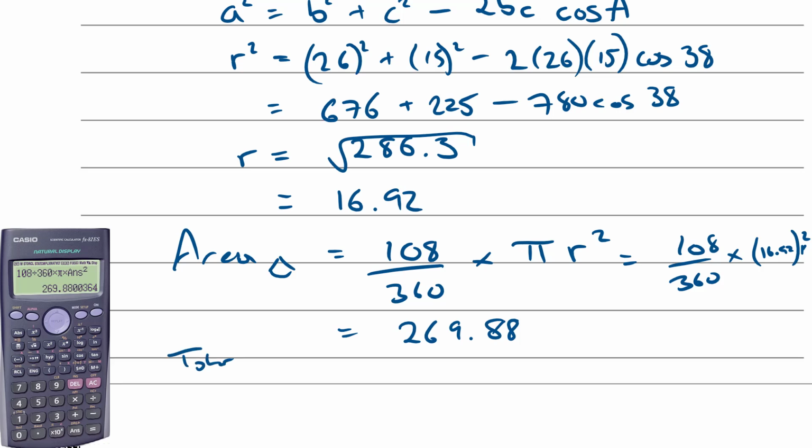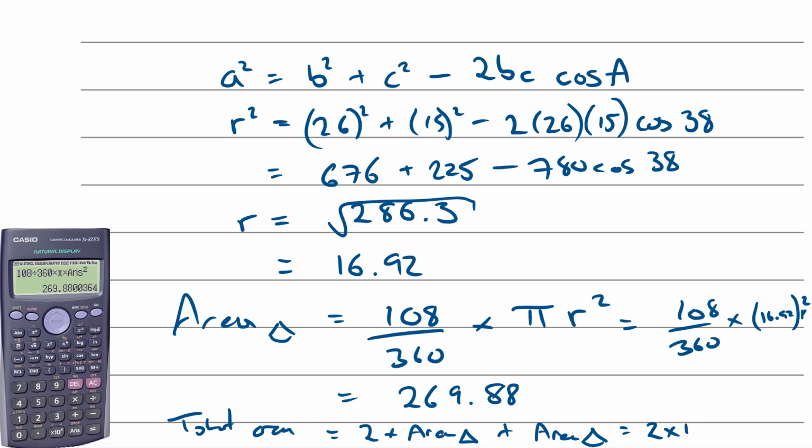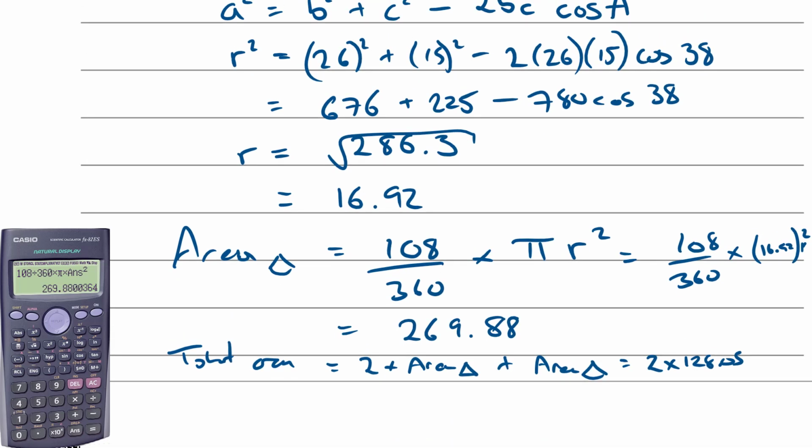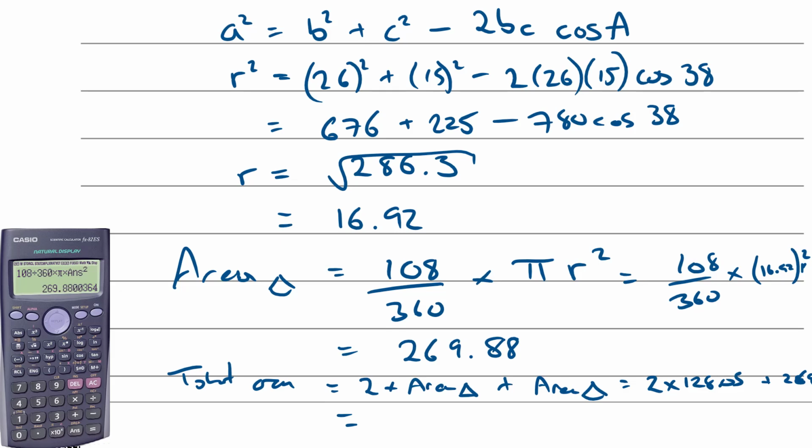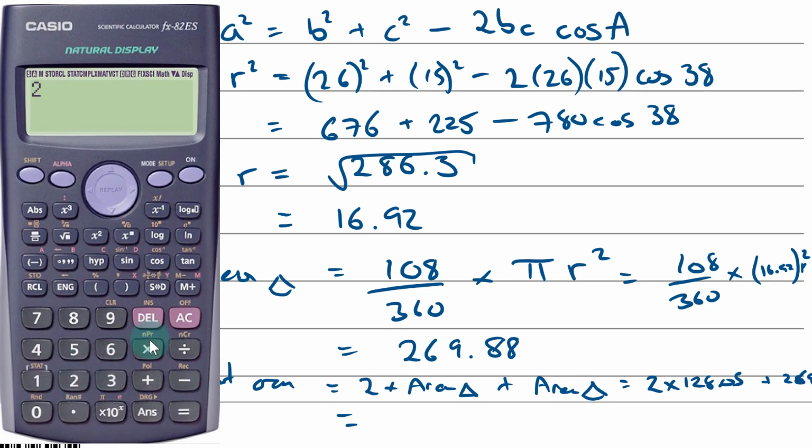So then total area is going to be 2 times the area of the triangle plus the area of the sector, which is 2 times 128.05 plus 269.88, which is equal to, I'm going off the bottom of the page here, which is very naughty, shouldn't do that in the exam, so plus 2 lots of 128.05, 525.98. What am I aiming for?